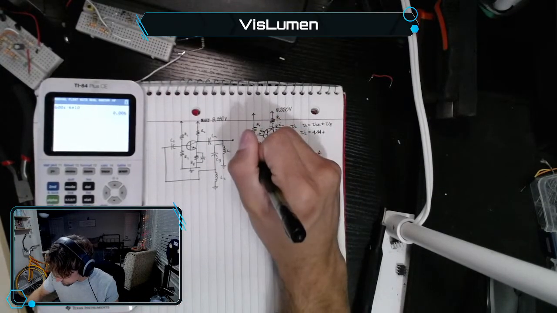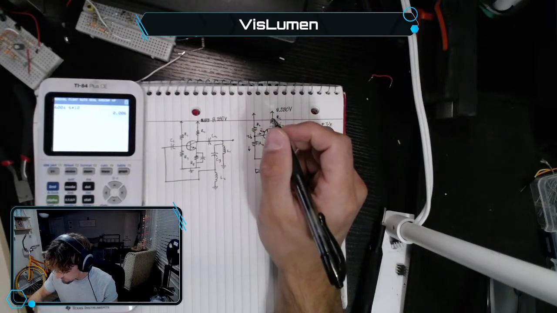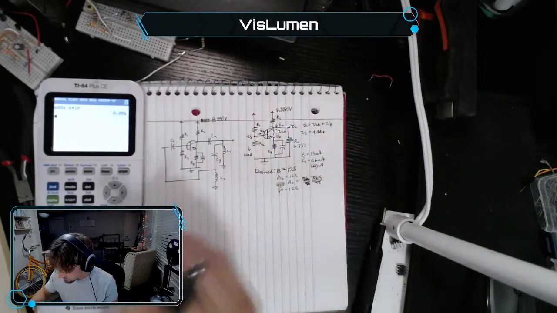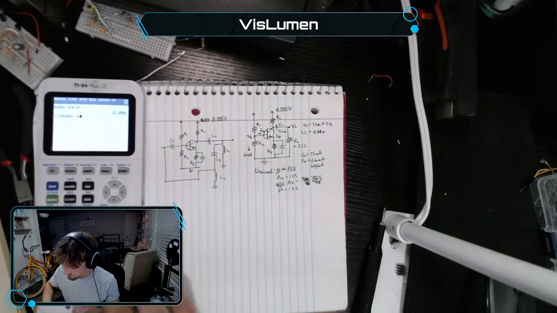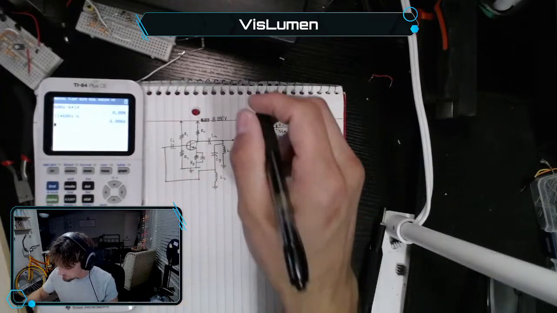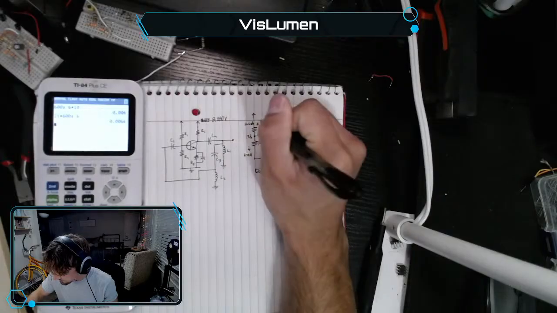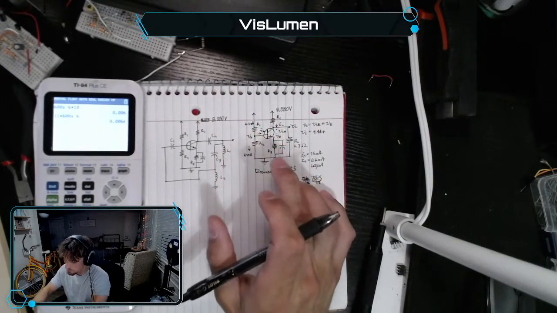So we want this to be 0.0066 milliamps, and 11 times 600e to the negative 6, right, 6.6 milliamps.